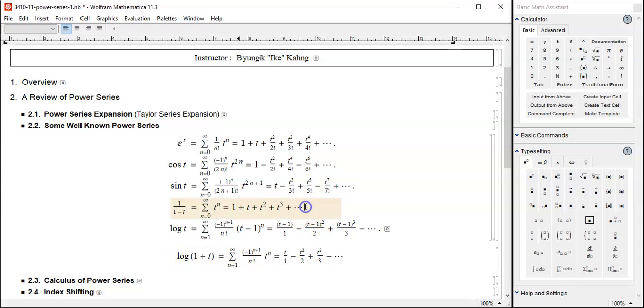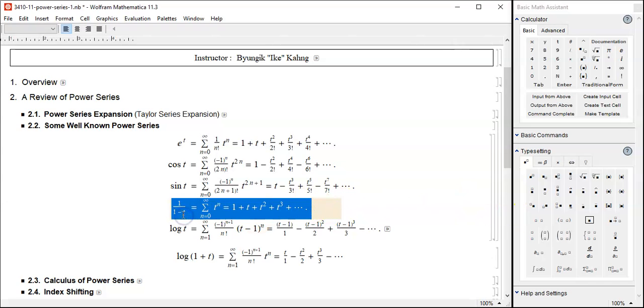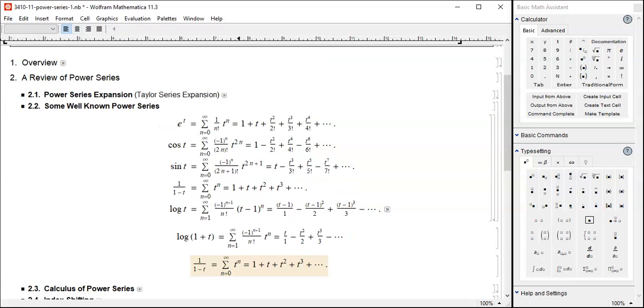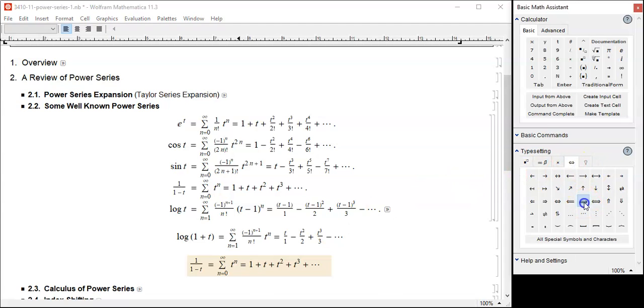We started from the geometric series formula. And we switch the sign.